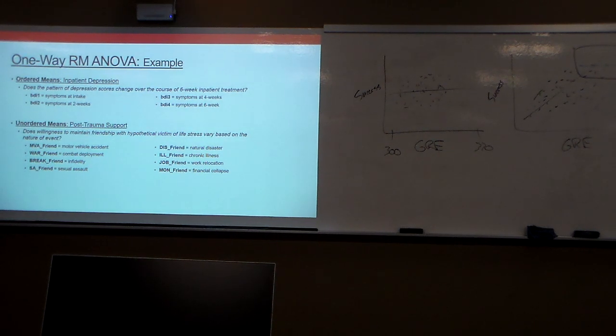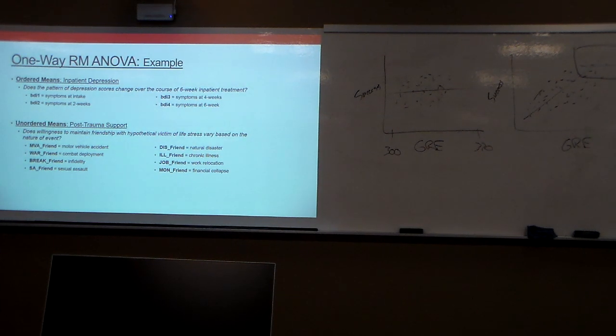But the idea is hopefully by counterbalancing these, if we're seeing differences in people's ratings, they aren't due to what they saw before, because what people saw before was all scrambled around, and we can't use that as a plausible alternative explanation for why one thing may be higher than the next, because everybody saw them in a different order, right? So the upside is that it accounts for carryover effects, or at least addresses it. The downside is it does add additional variability, okay?